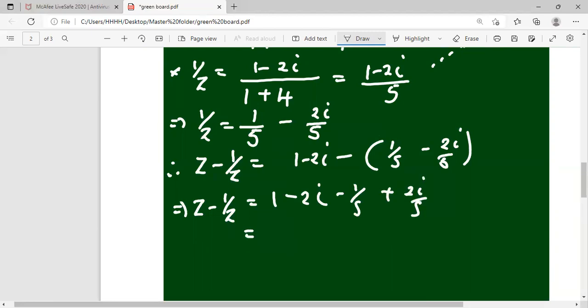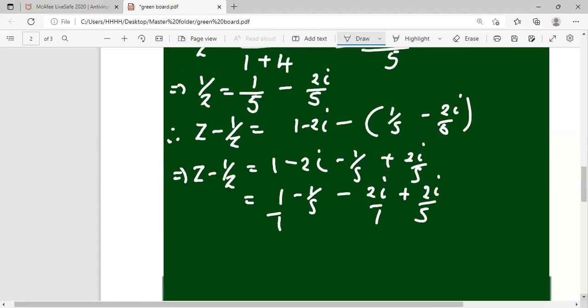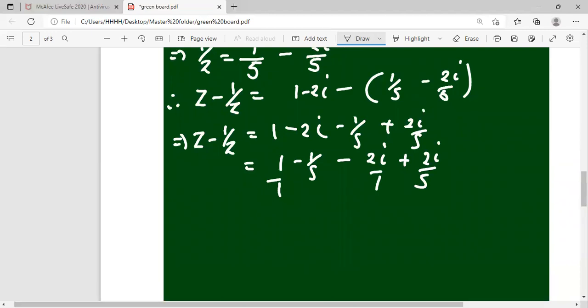So rearranging terms, I've got 1 minus 1 over 5, and 2i plus 2i over 5. We can introduce a dummy 1. I hope this explanation is making your job easy. This is an introductory mathematics.